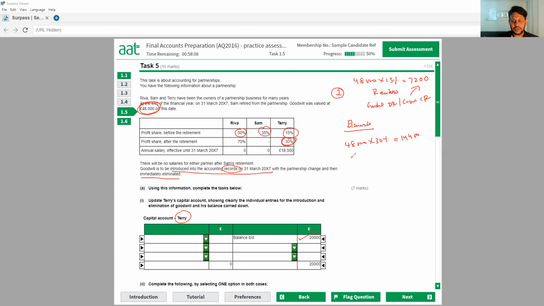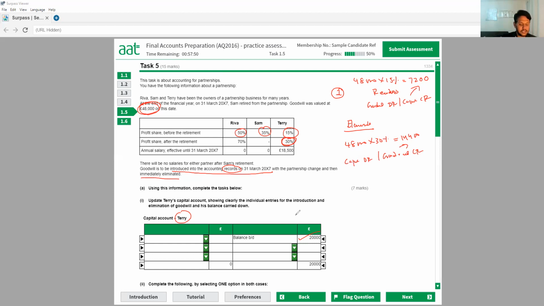We want to eliminate the goodwill. This time our capital will be debit and goodwill credit. So capital will go down by 14,400. This journal you have to record on Terry's capital account.